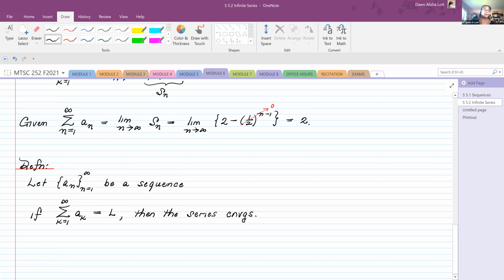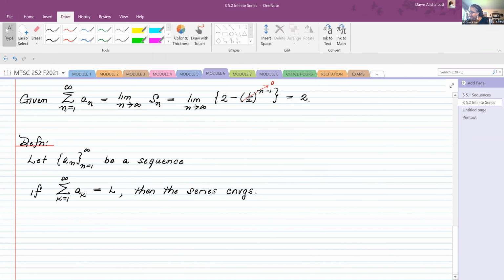If the sum k equal 1 to infinity of a_k is equal to infinity, then the series diverges.